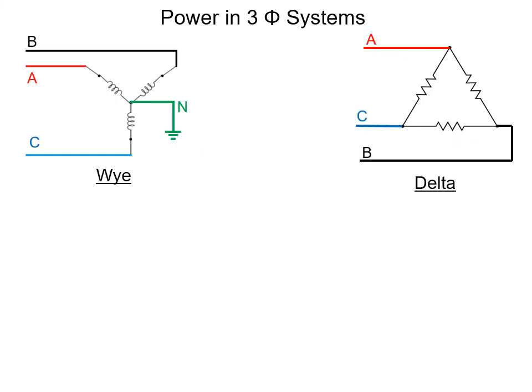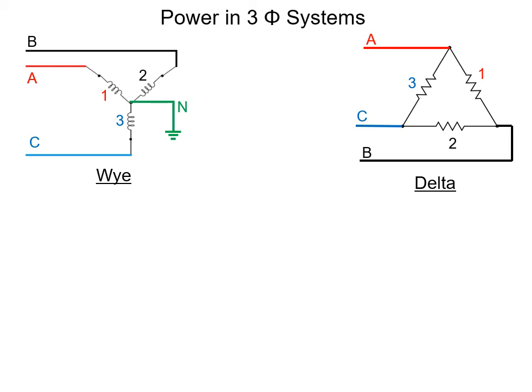Now that we've looked at voltage and current in three-phase systems, how about power? How is that calculated in a three-phase system? Well, we have three loads inside our phase, inside our shape.